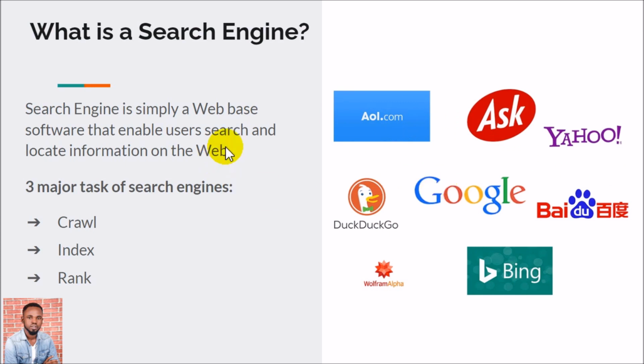Okay, so what you should also know is that for a website to be crawlable, for a website to be able to be crawled by a search engine, the person publishing the website has to make it available. That is what is known as search engine optimization. So it's not all websites you publish online that can be crawled or accessed through a search engine.